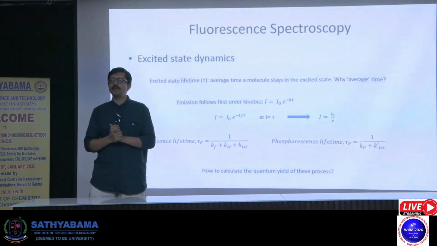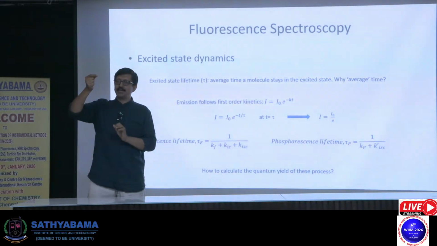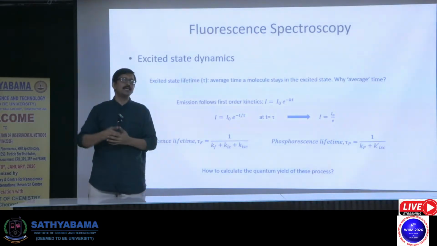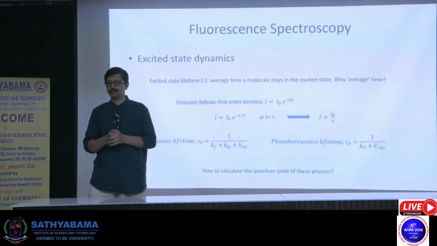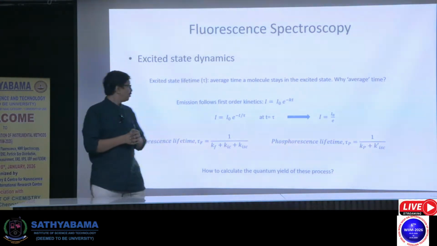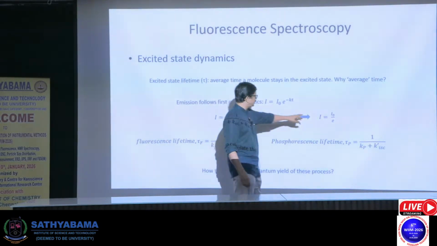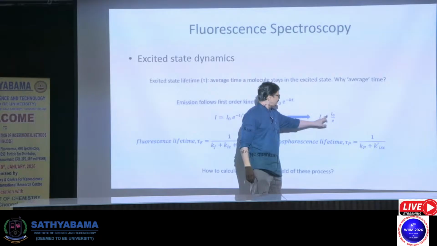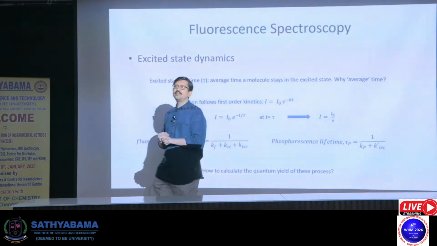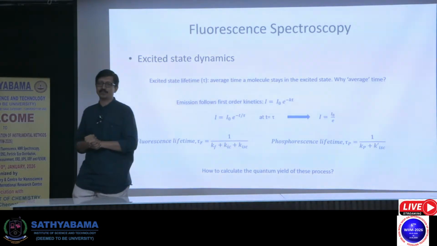But that definition is not applicable. It is the average time the anthracene molecule stays in the excited state. That is called 5 nanoseconds. So why is an average time proposed? Or the definition of the excited state lifetime is when the intensity becomes 1 by e of the initial intensity. That is another definition.